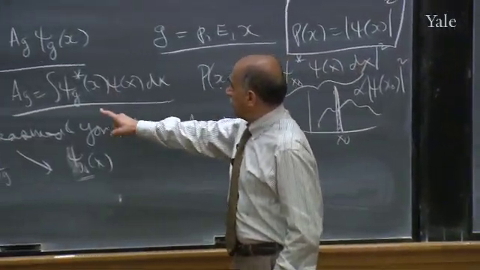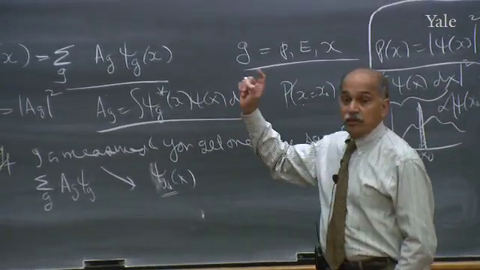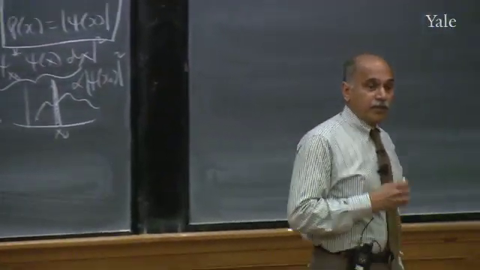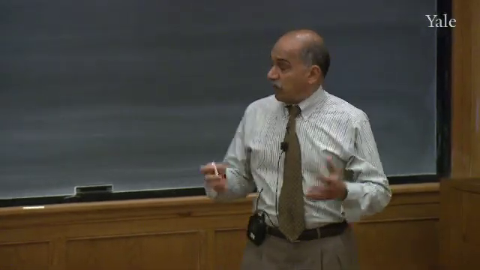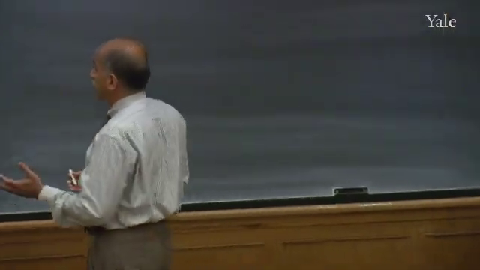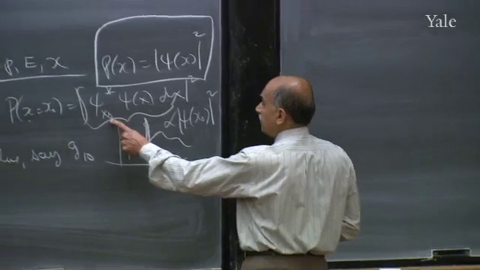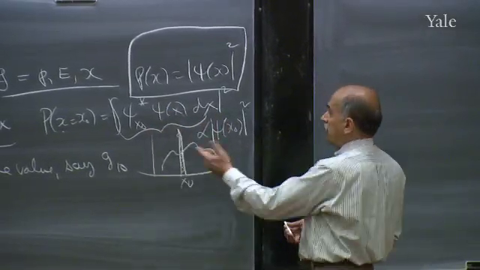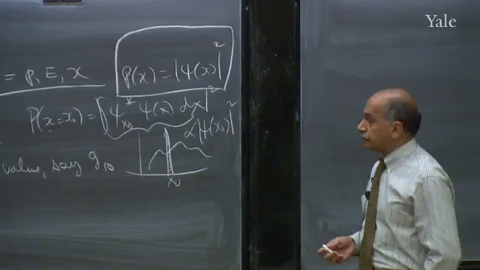For energy, take psi sub e. For definite position, forget all integrals. Just take psi at the point x and square it. What I'm telling you is that taking psi at the point x and squaring it is what you will do if you took the integral of psi with the spike, which will filter out, if you like, psi at only the one point x naught. And if you square it, you will get psi of x naught.